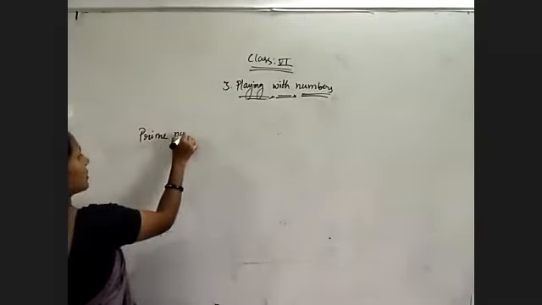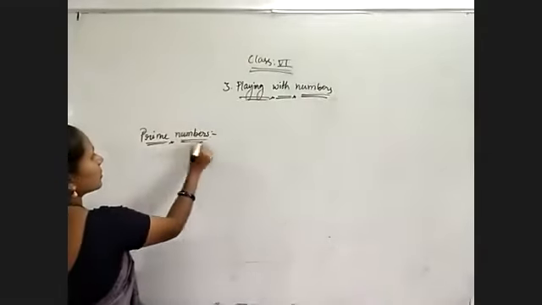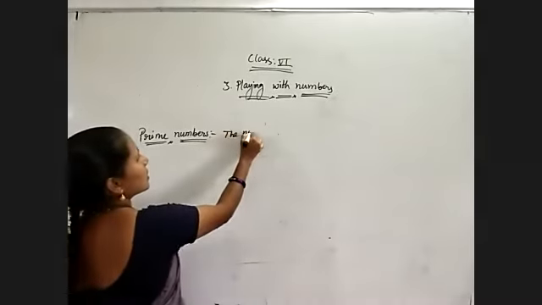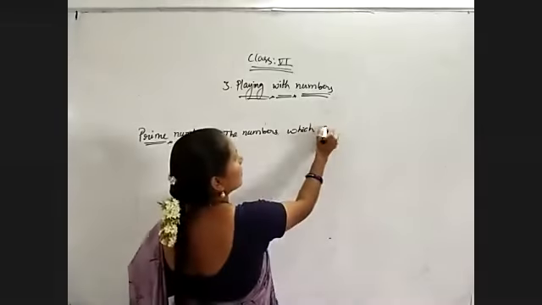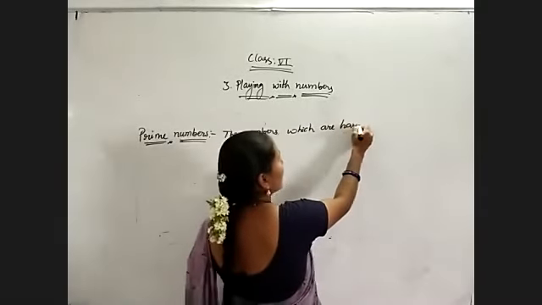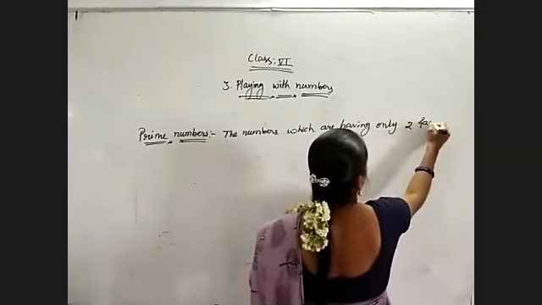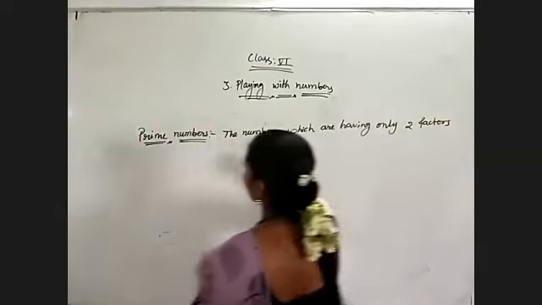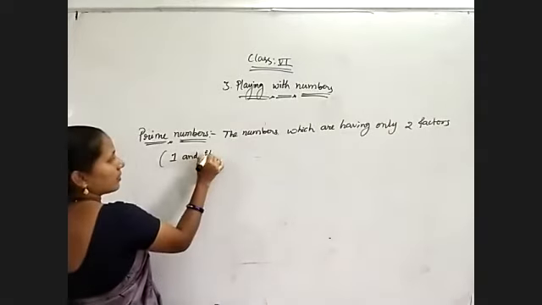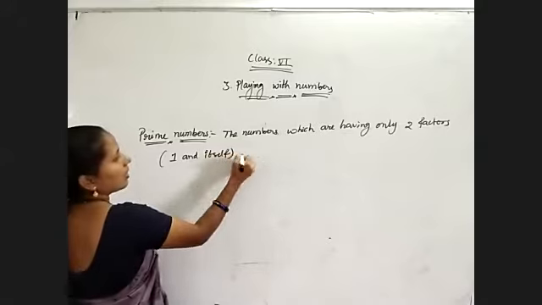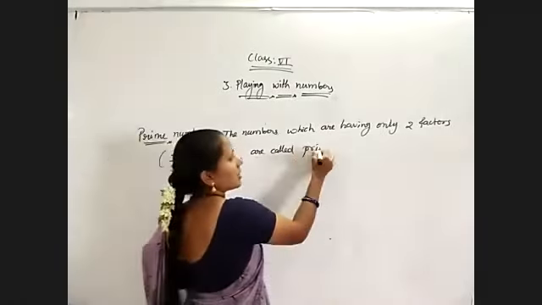Prime numbers: the numbers which have only 2 factors, those 2 factors being 1 and itself, are called prime numbers.